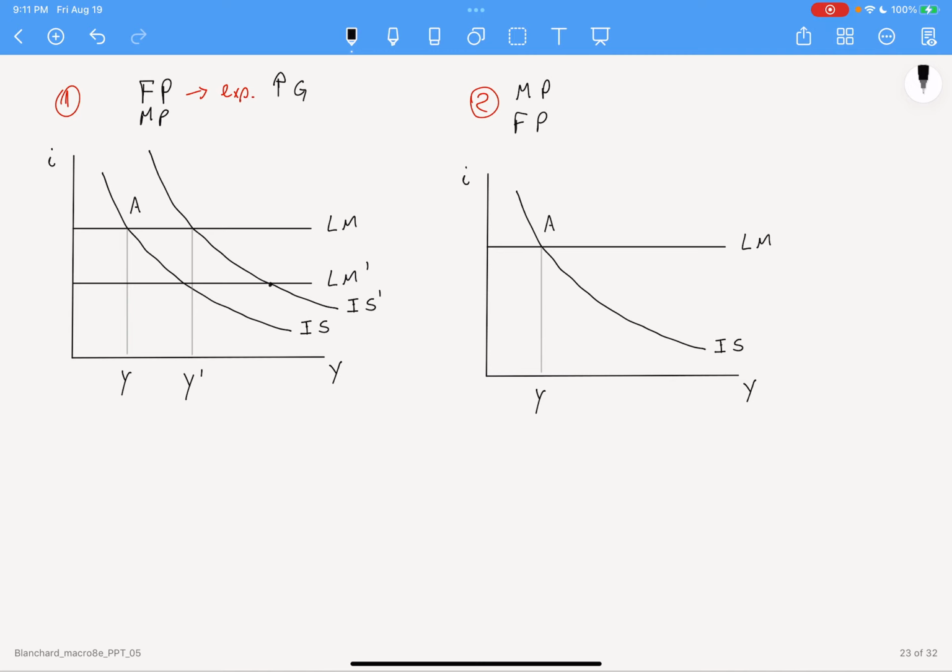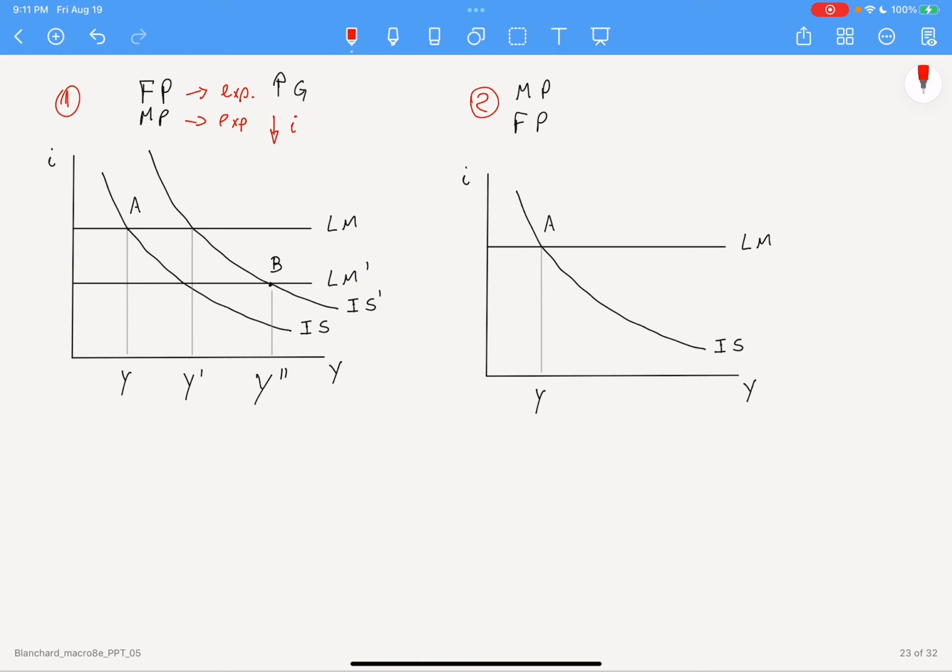The first one was this guy here. I'm going to call this guy B. And in this guy B, we have this new level of output, Y double prime. So, first of all, the fiscal policy. So let me just write down this. And this is an expansionary monetary policy as well, because we are decreasing, in this case, the interest rate.